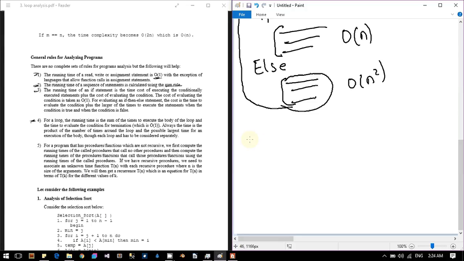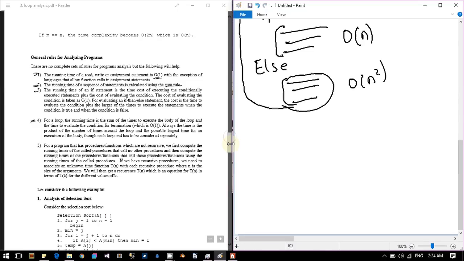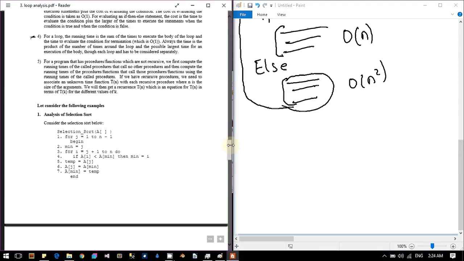So in a loop, what you do is that you multiply. We'll see that in the statement. Now, for a program that has functions that are not recursive, we combine the number of times of the called procedures. This is talking about recursive procedures. We'll discuss this in the next lecture.